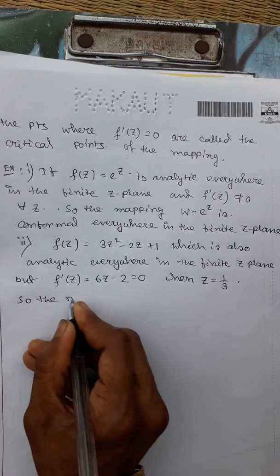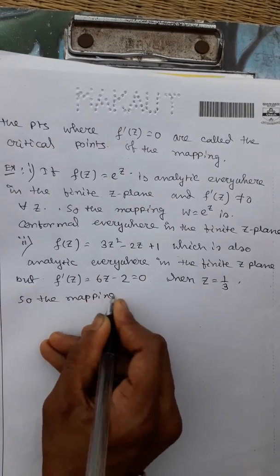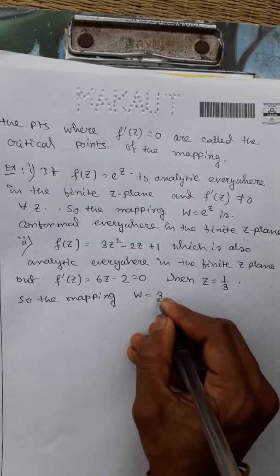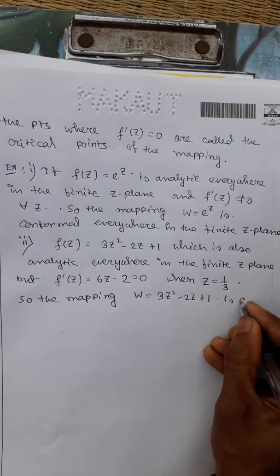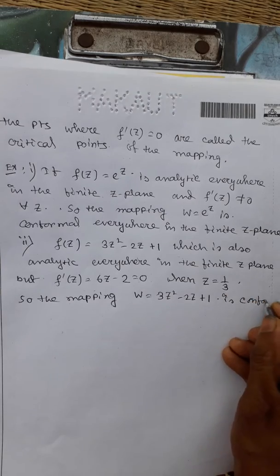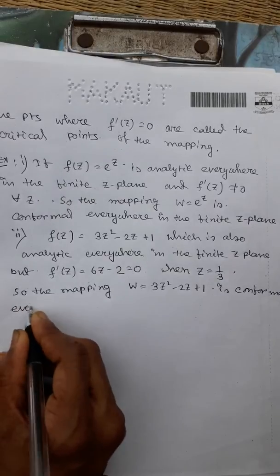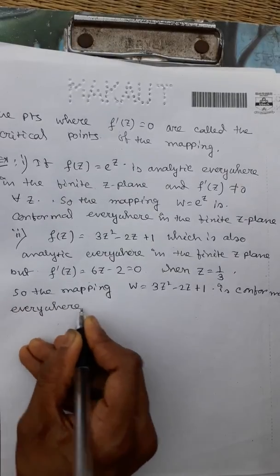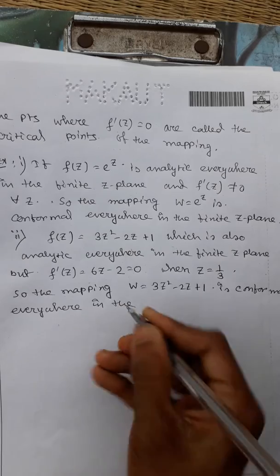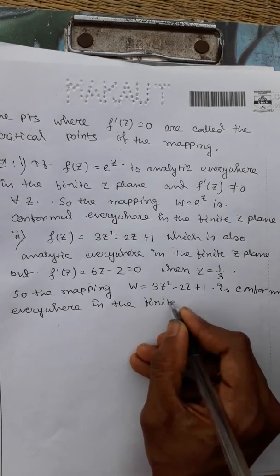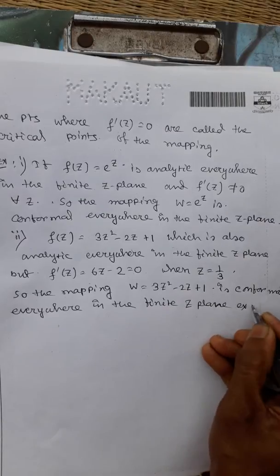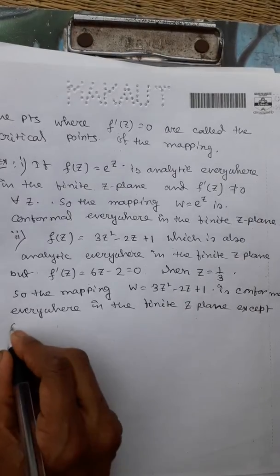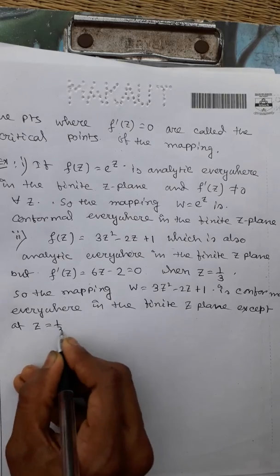So the mapping w = 3z² - 2z + 1 is conformal everywhere in the finite z plane except at z = 1/3.